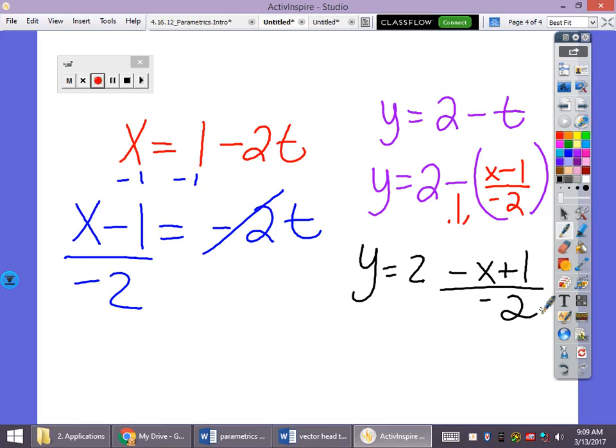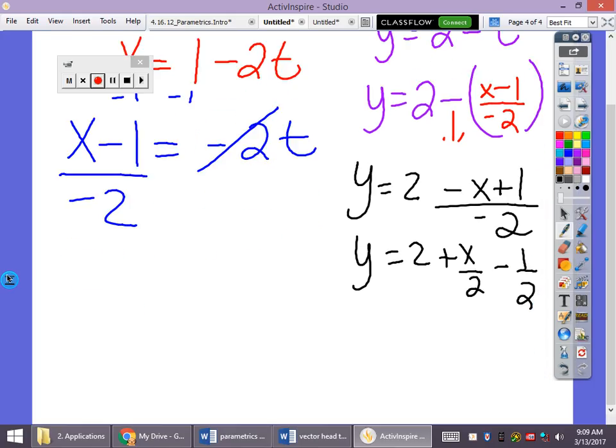Yes? Then y equals 2 plus x over 2 minus 1 half. I just took the negative 2 part of the fraction and I split it into two fractions. Yes? So y equals 3 over 2 plus x over 2.